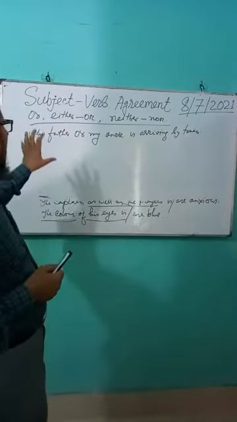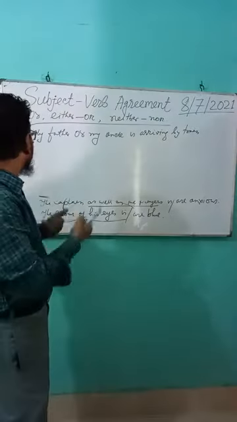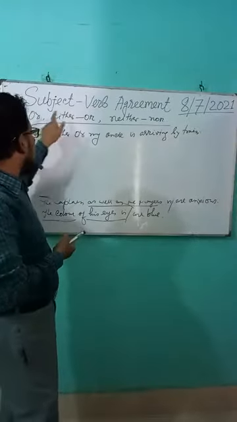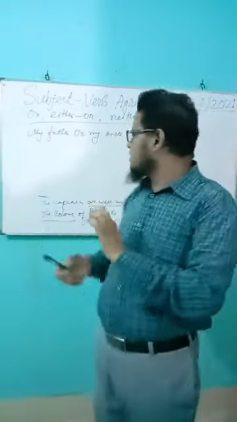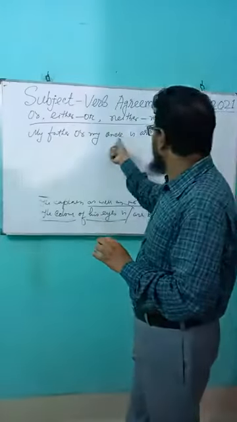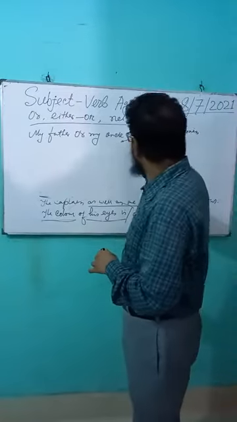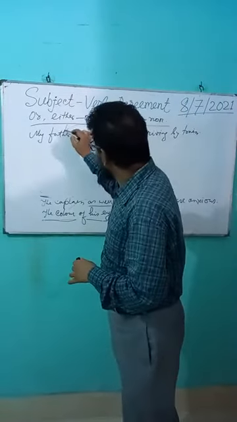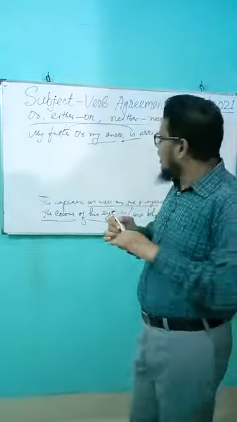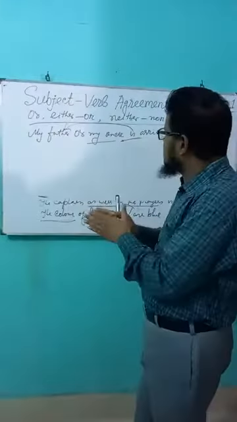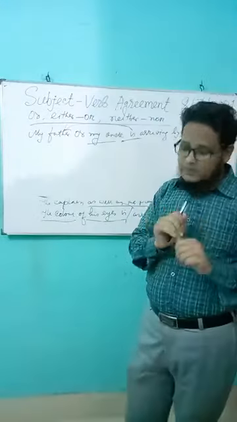I've told you that when two singular subjects are connected with or, either or, neither nor, the verb must be singular. So my father or my uncle is arriving. This verb agrees with the subject. My father or my uncle, both are singular.